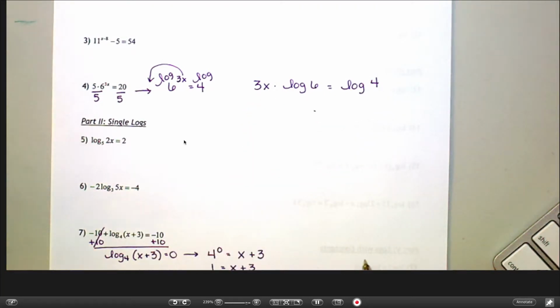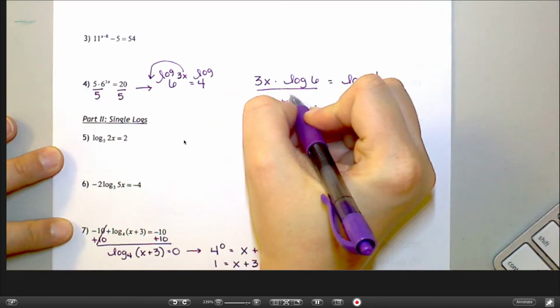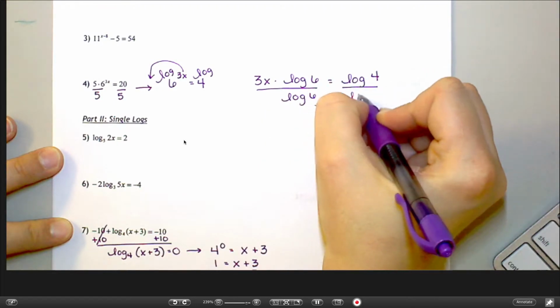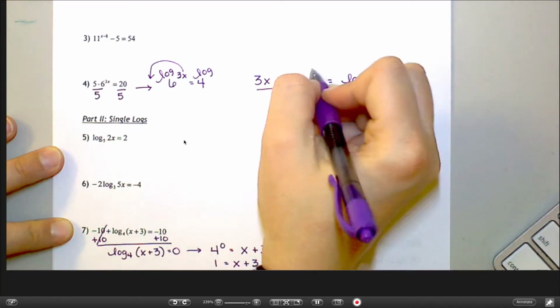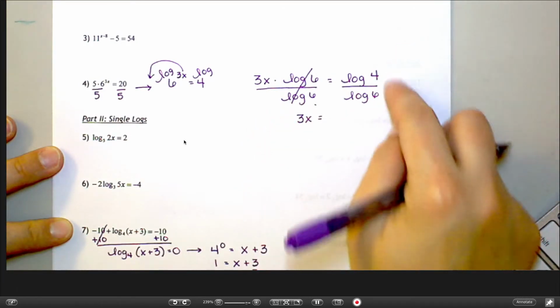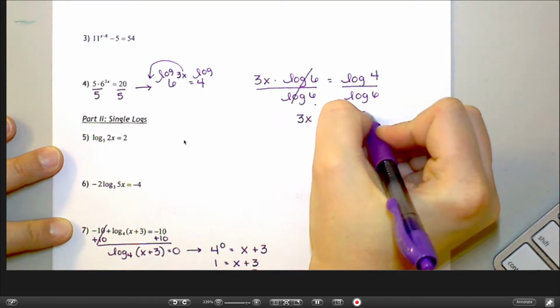Okay, you could divide by 3 right now. I would get rid of the log 6 first, just because I like to get those logs out of the way. So divide by log 6, divide by log 6. Okay. 3x equals, can someone do this division for me? 0.773. Okay, 0.773.